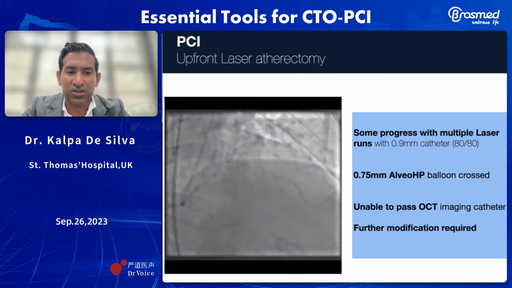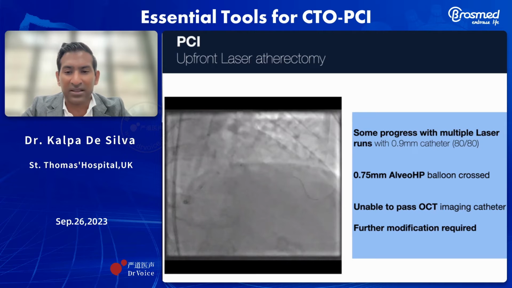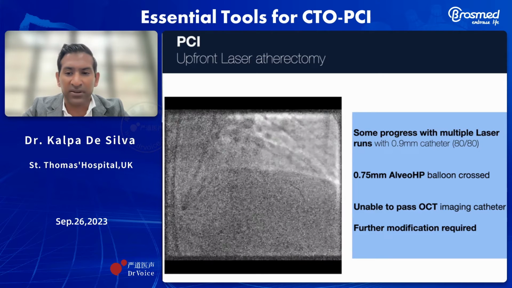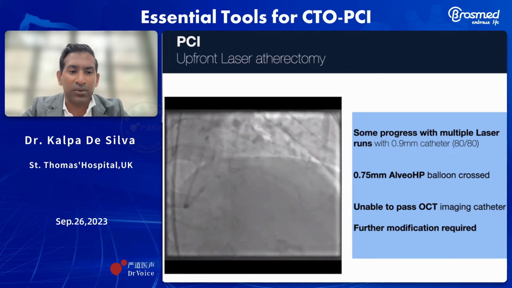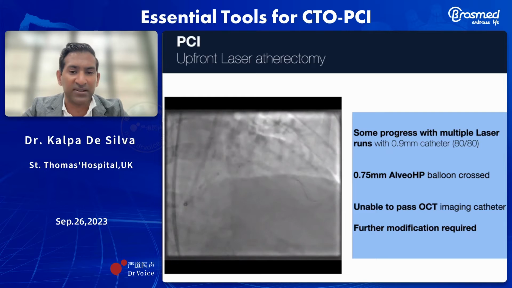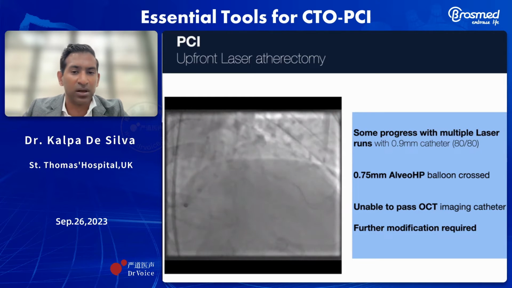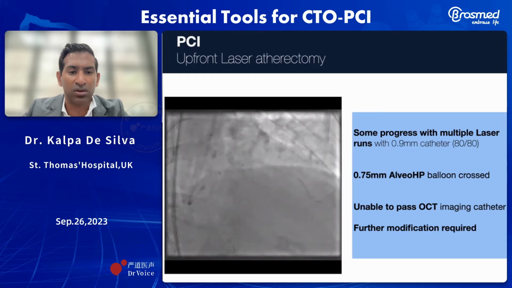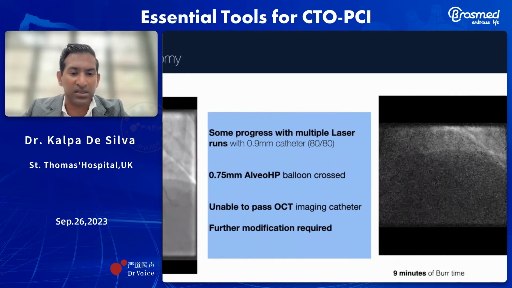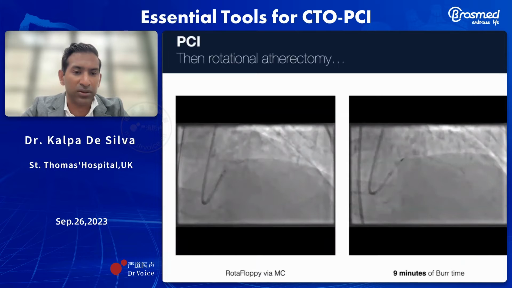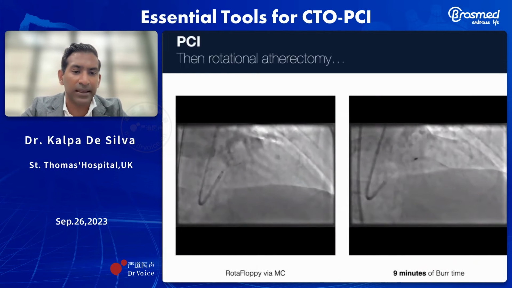I wanted to image to try and understand what this looked like at this point, but I was unable to pass the OCT catheter, which defined in itself that we needed more modification. Unfortunately, larger balloons did not cross, and therefore I opted to switch to rotablation.